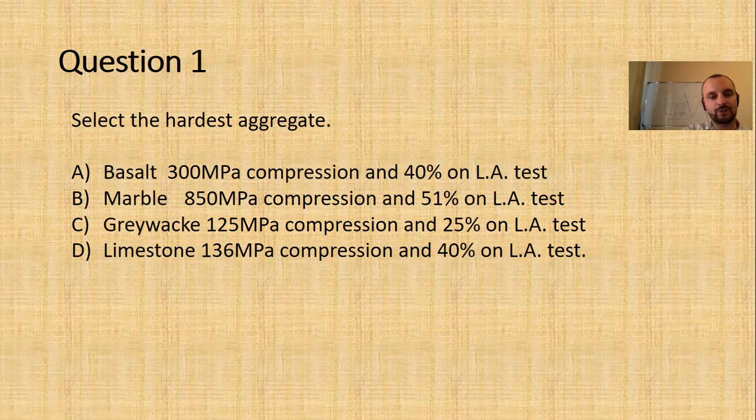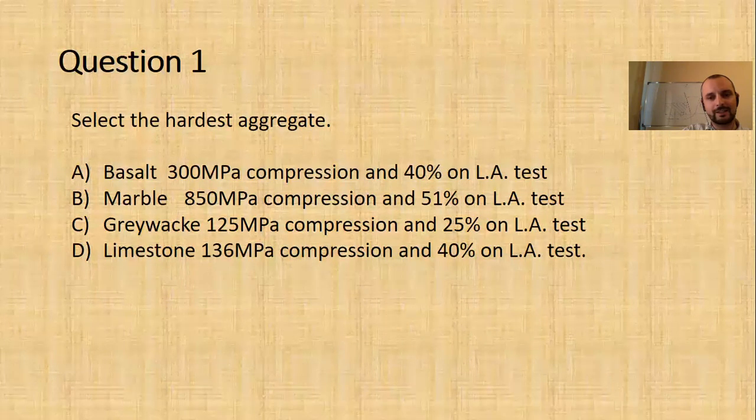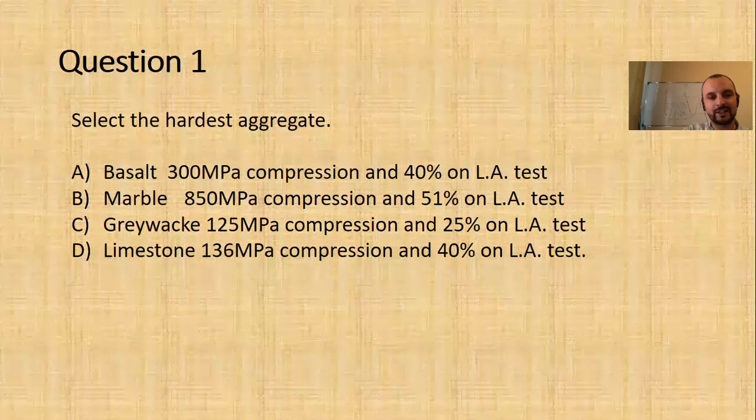How many of you chose C? Okay. And how many of you chose limestone, D? Okay, so maybe I haven't seen everyone's hands, but was it only Vian who said that C was the right answer?